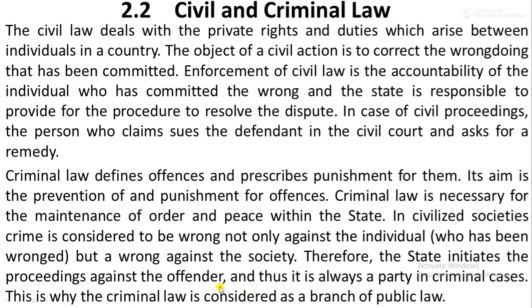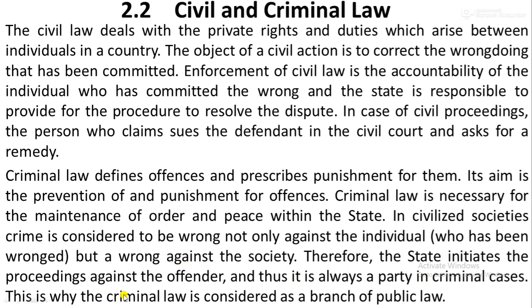Therefore, look here, important point. Therefore, the state, that means the federal government, initiates the proceedings against the offender, and thus it is always a party in criminal cases. So these become state party cases, government party cases. Why? Because they are crimes against society, crimes against the state.